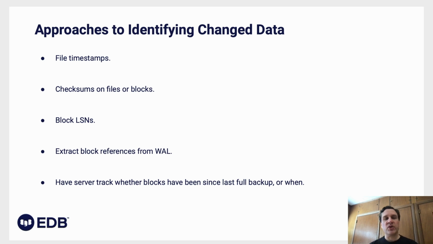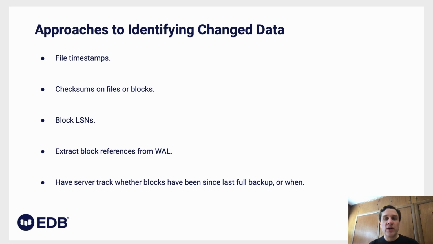A third possible approach is to rely on the block LSNs. Now, LSN stands for log sequence number, and it's basically the position inside the write-ahead log where a particular record was written. And every time we write a record to the write-ahead log that causes some blocks to be modified, we also stamp those blocks with the LSN of the WAL record that made those changes.